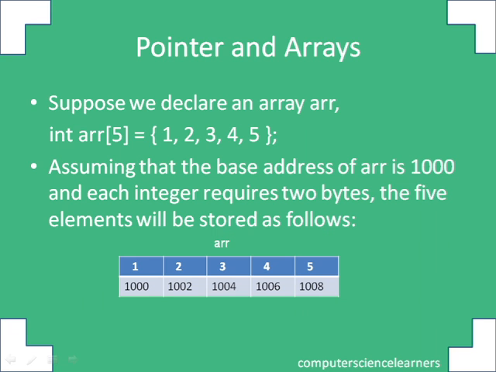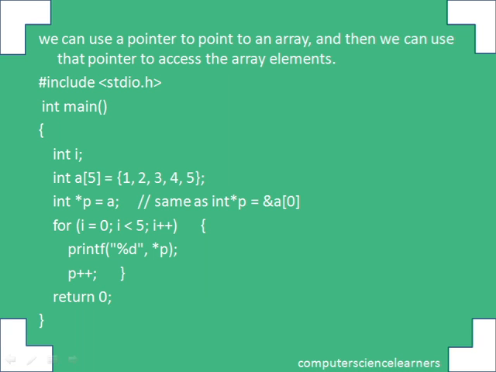That is how, when you declare an array, the memory locations are reserved for the elements. Now you can easily understand how a pointer variable is used to get the array elements. We are using pointers in arrays.